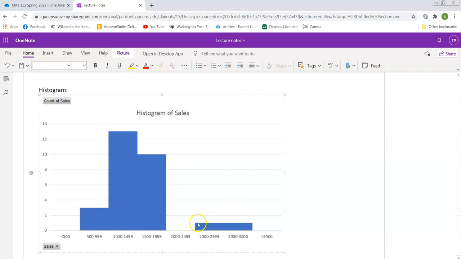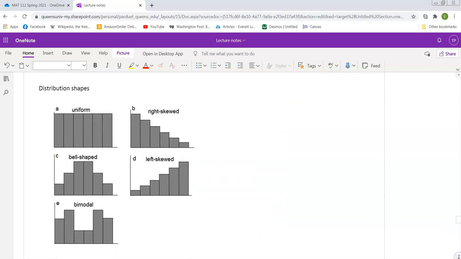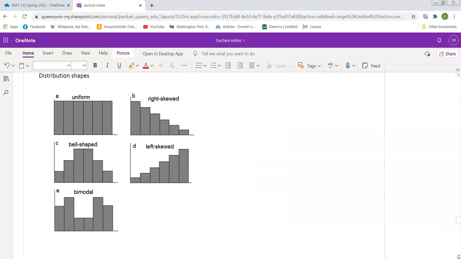There are only a couple that are high. Most of the data is down between 1,000 and 2,000. So there are different general shapes that histograms will fall into.